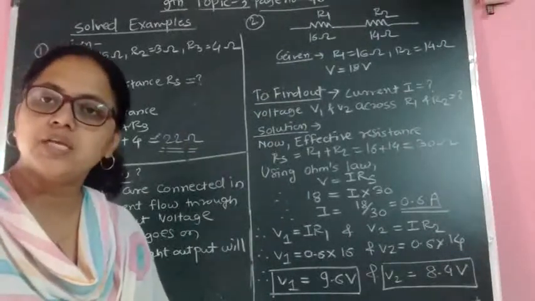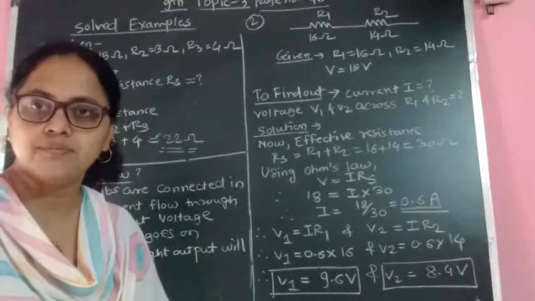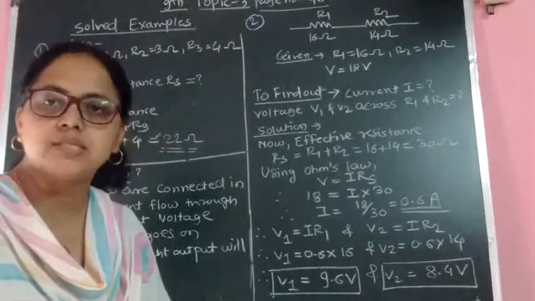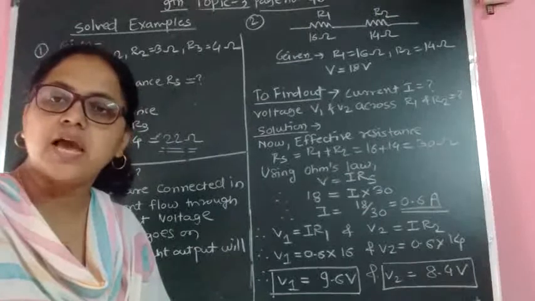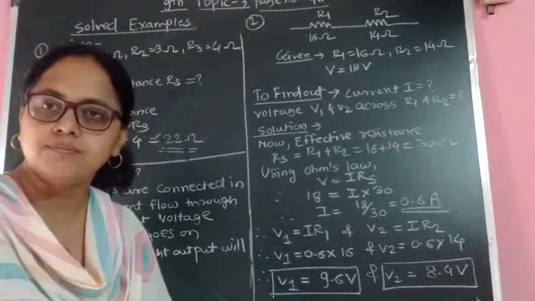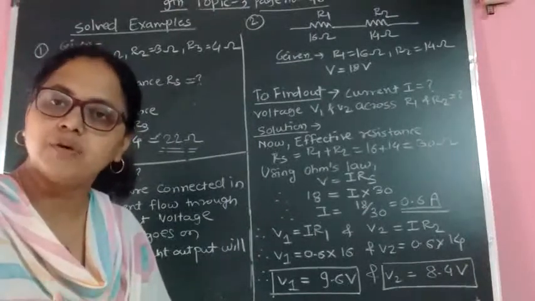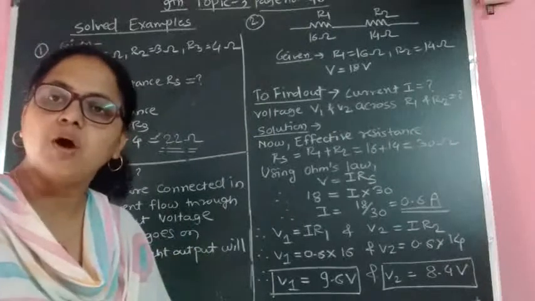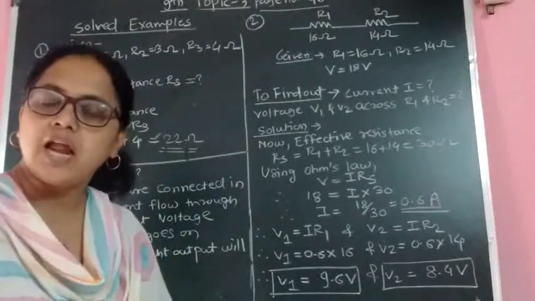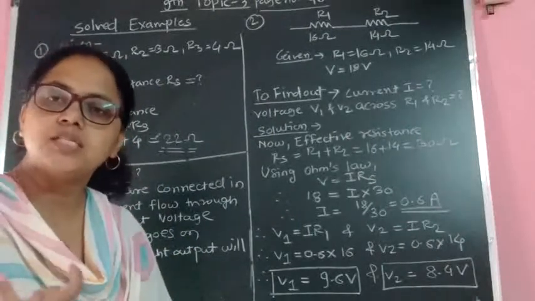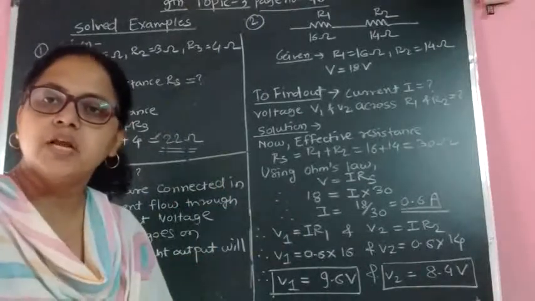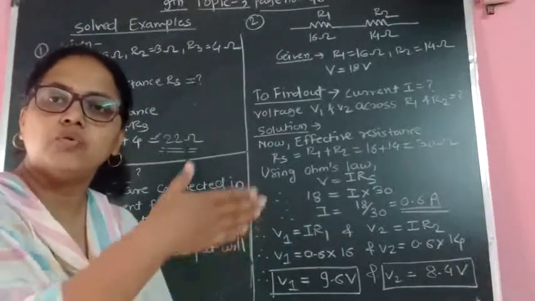Always remember, when resistors are connected in series, the current flowing through them is the same, but the potential difference across each resistor is different. That is, R1 has a voltage V1, R2 has a voltage V2, R3 has a voltage V3, and so on, etc. How many resistors are connected in series? It depends on that: V1, V2, V3.